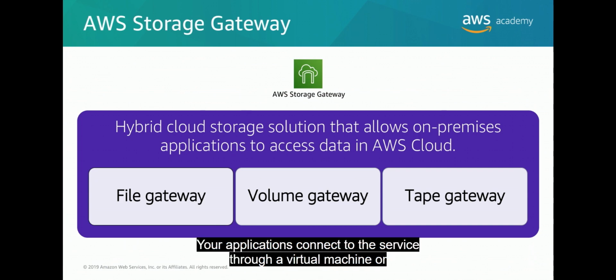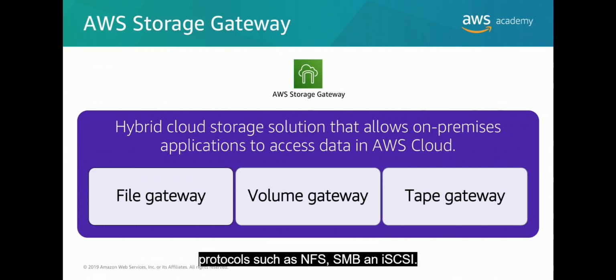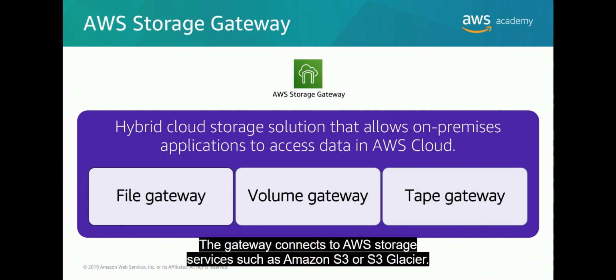Your applications connect to the service through a virtual machine or hardware gateway appliance that uses standard storage protocols such as NFS, SMB, and iSCSI. The gateway connects to AWS storage services such as Amazon S3 or S3 Glacier.